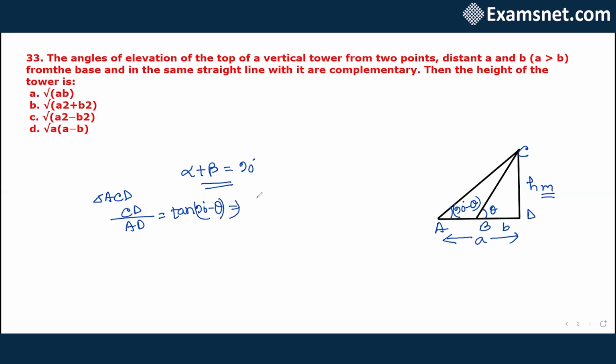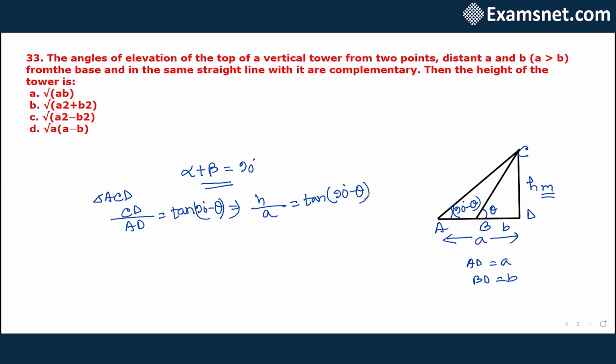So it will give us h by A, where AD means A meter and BD means B meter, equals tan 90 degree minus theta.